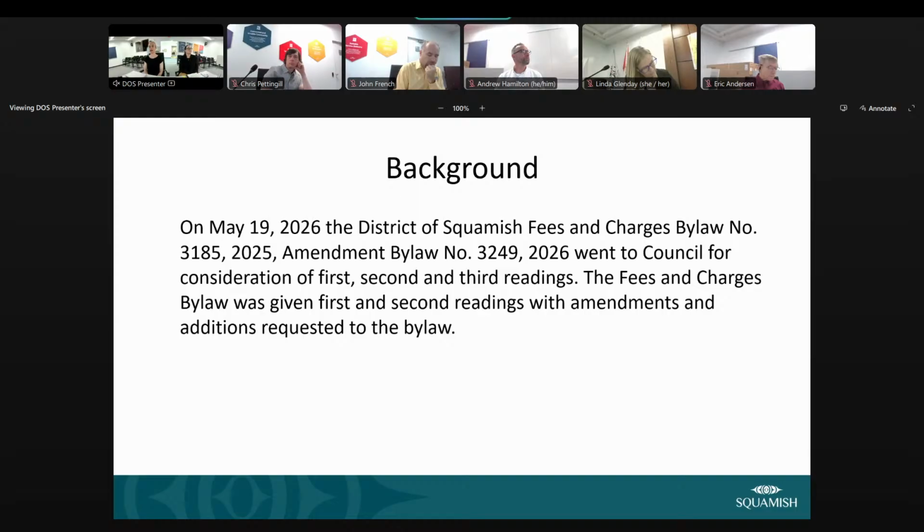A bit of background, the legislation enables council by bylaw to impose a fee with respect to all or part of a service of the municipality, the use of municipal property, or the exercise of authority to regulate, prohibit, or impose requirements. The District of Squamish uses a centralized fees and charges bylaw, and in the fall of 2025, the district moved towards a biannual amendment to the bylaw.